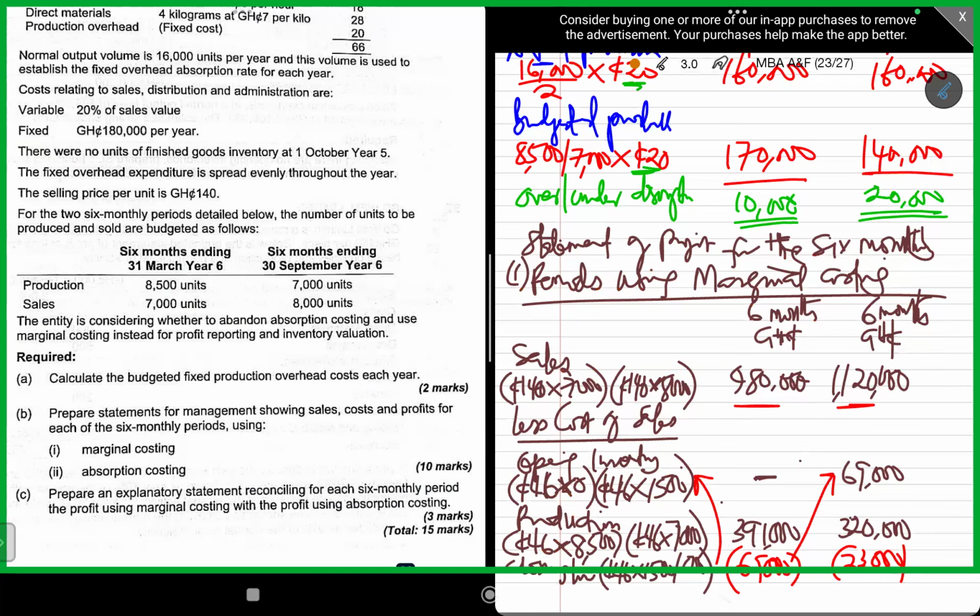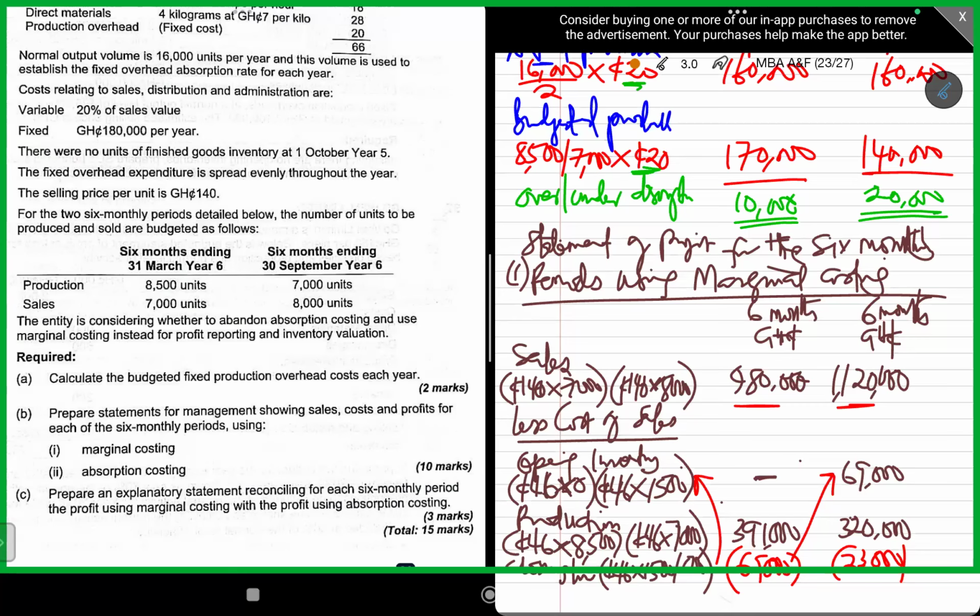Okay. So add 69,320, minus 46 times 500. What is the figure? 23,000. Then 46 times 7,000 is 322,000.